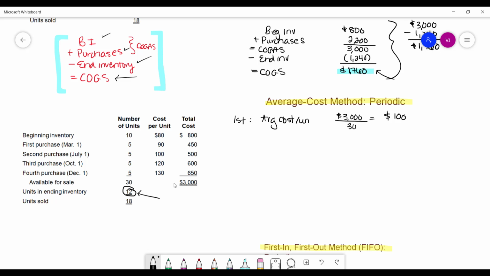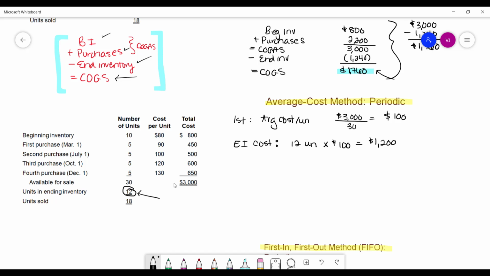So that's our average cost. So we want to first find the ending inventory cost like we did up above, which they told us under the specific identification method. So if there's 12 units left and the average cost of each unit is 100, we'll take the average cost of 100 times the 12 units you have left to determine that the ending inventory cost is $1,200.